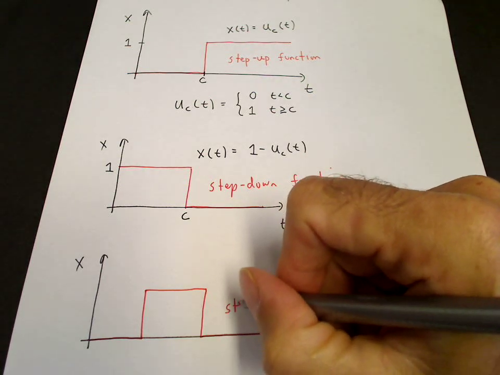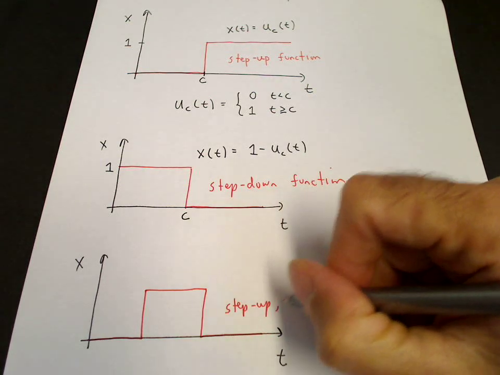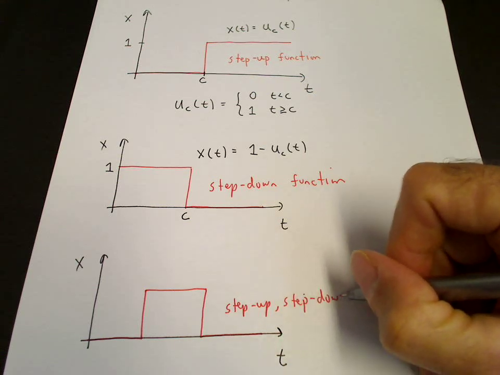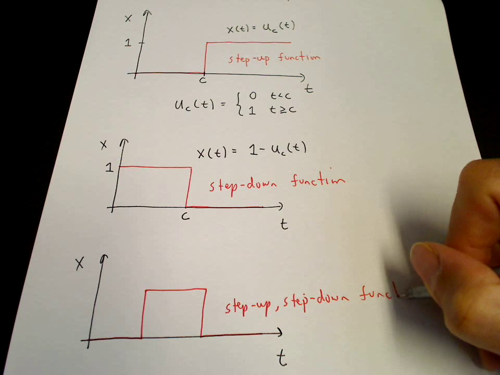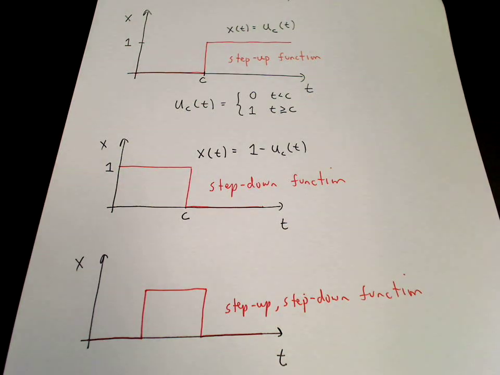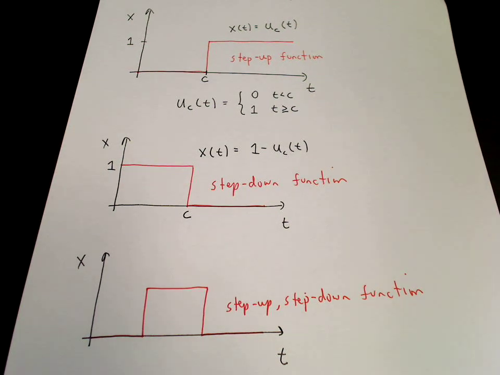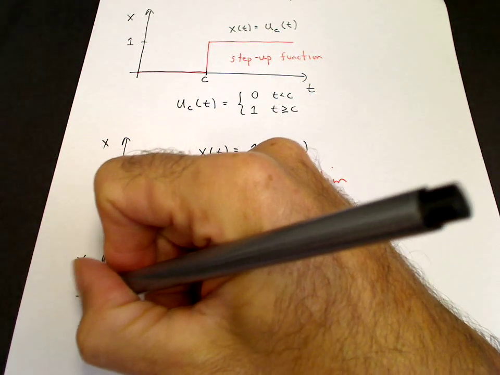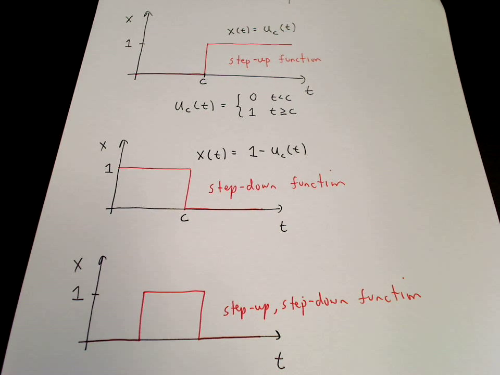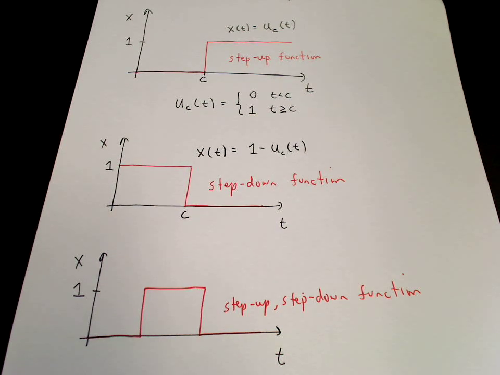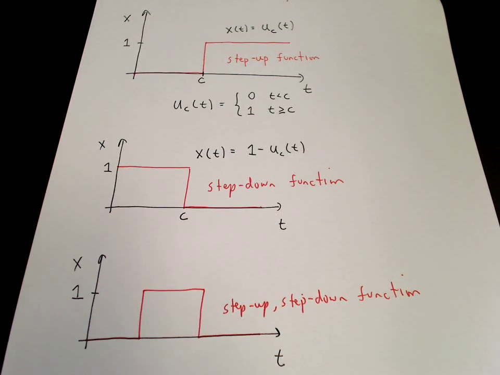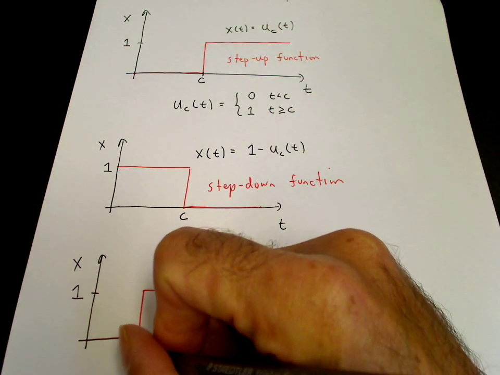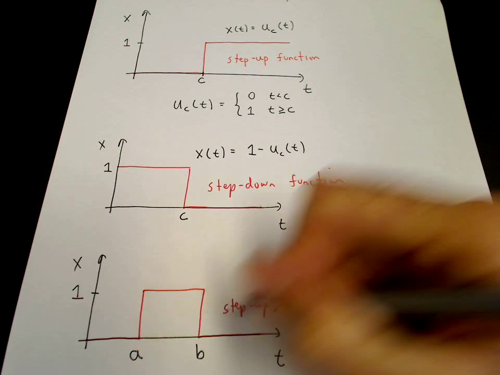So this will be the step up, step down function. Again, we step up to a value of 1. If we wanted to change that 1, we could always multiply by a constant. Now we have two parameters rather than just c, so we can step up, say, at a and step down at b.